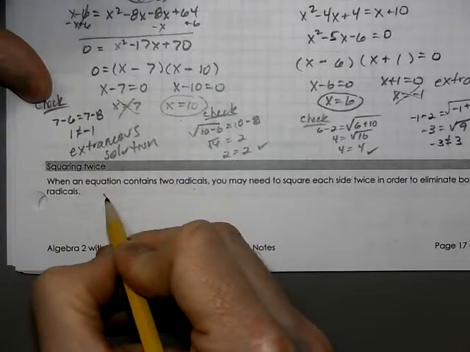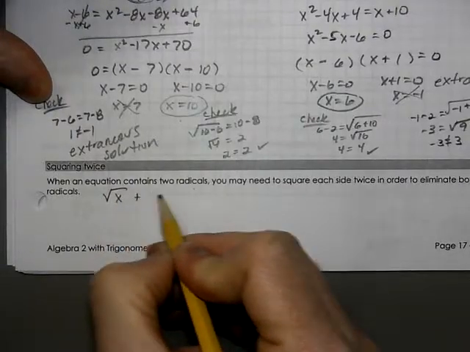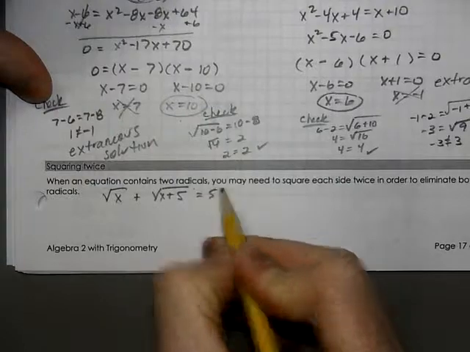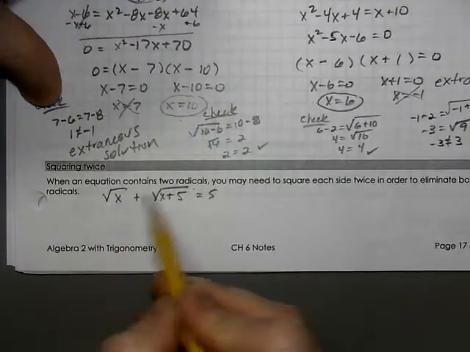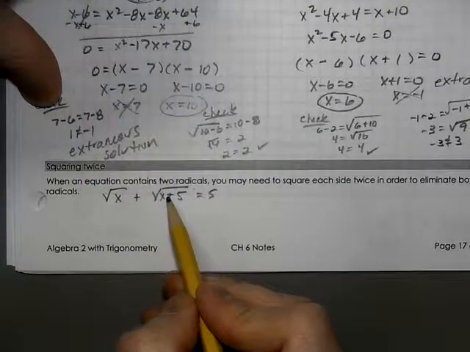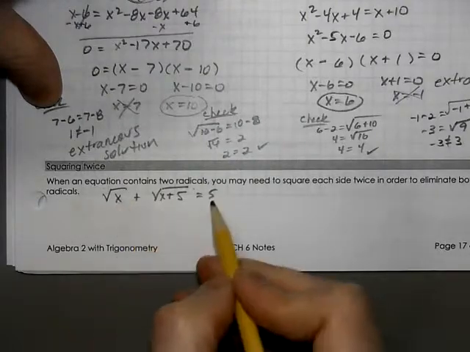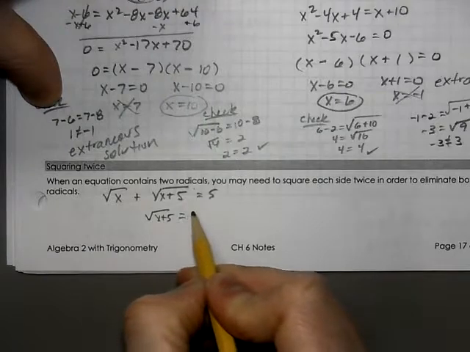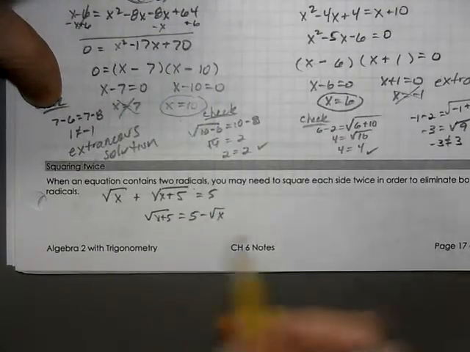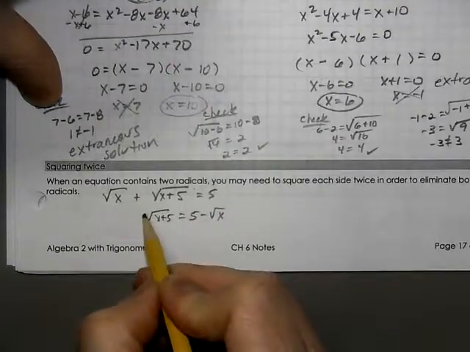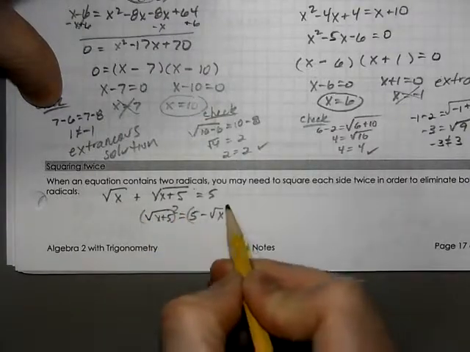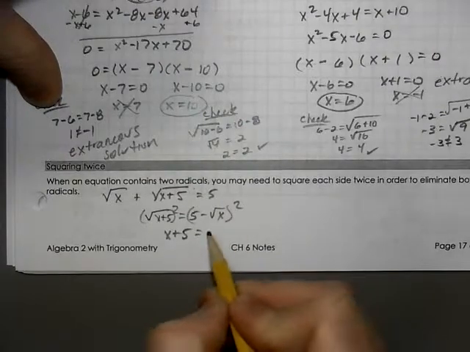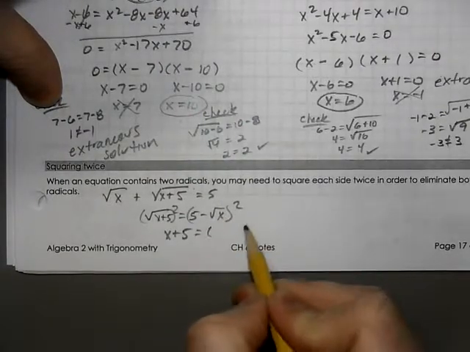Like a problem like this. If you have two radicals, you may need to slide one of those radicals to the other side. And then you would square both sides. So you've got to do this side twice.